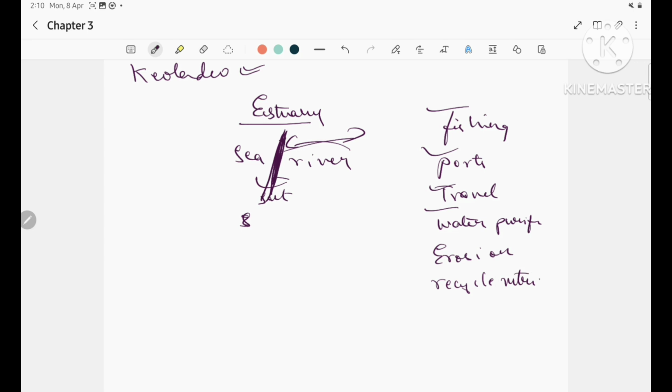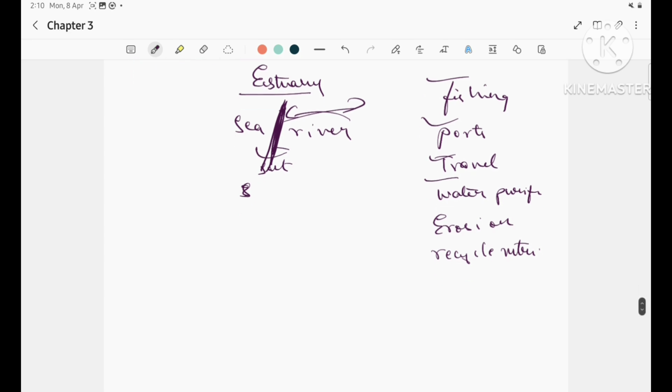For all these reasons, estuaries are very important. Major estuaries in India occur in the Bay of Bengal region, because west flowing rivers are generally fast flowing. This is about the estuary.